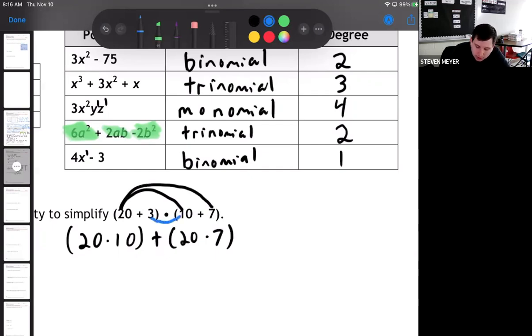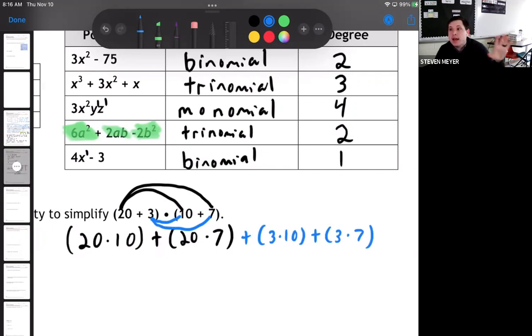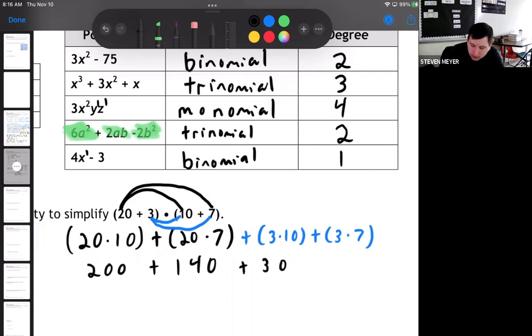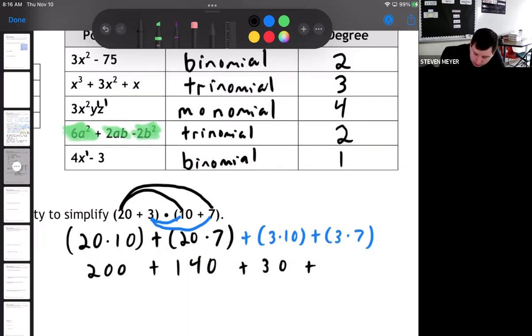Then I'll distribute on the bottom. 3 times 10. And then 3 times 7. And then I'll solve each of these 4 and then add them together. 20 times 10 is 200, plus when doing 20 times 7, I first do 2 times 7 is 14, and because it was 20 instead of 2, it's 140. 3 times 10 is 30, and 3 times 7 is 21.